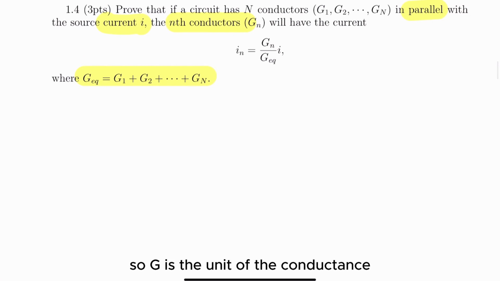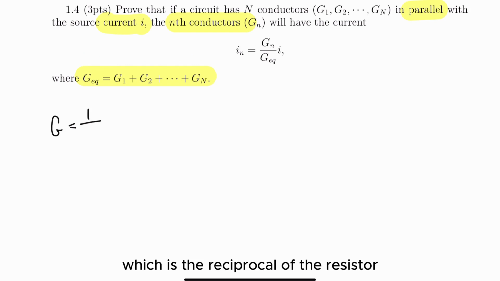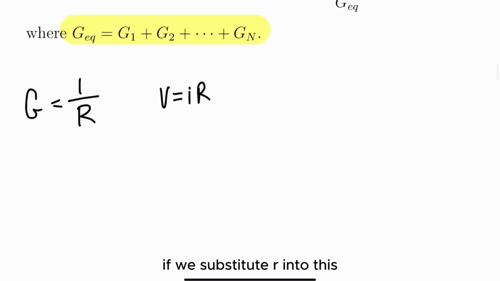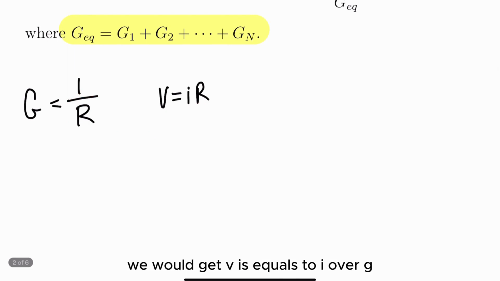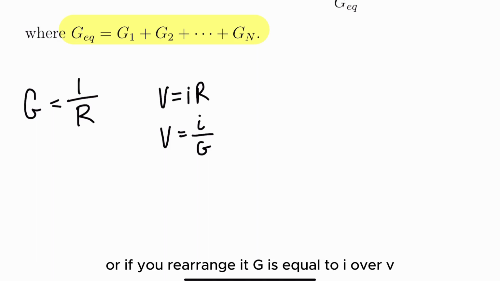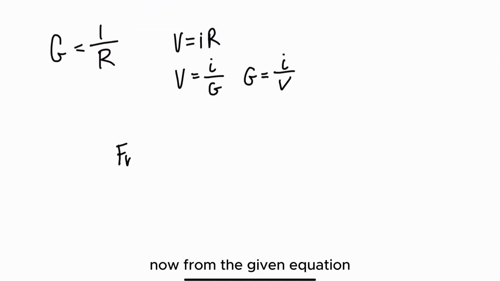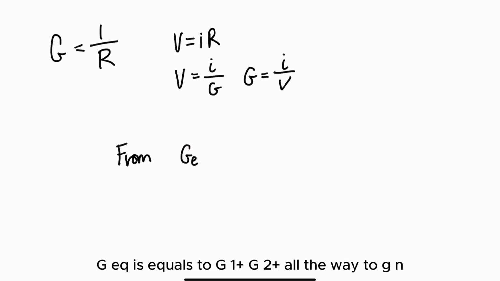G is the unit of the conductance, which is the reciprocal of the resistance. And from the equation V equals IR, if we substitute R into this, we would get V is equal to I over G. Or if we rearrange it, G is equal to I over V. Now, from the given equation, Geq is equal to G1 plus G2 plus all the way to Gn.